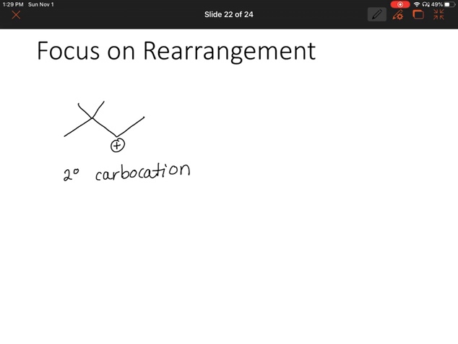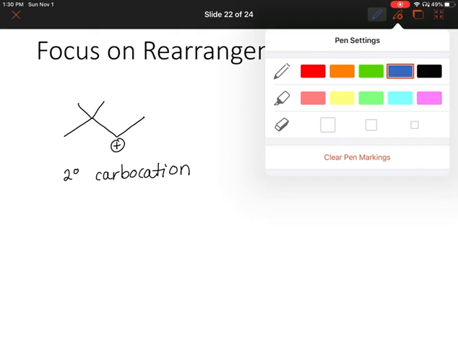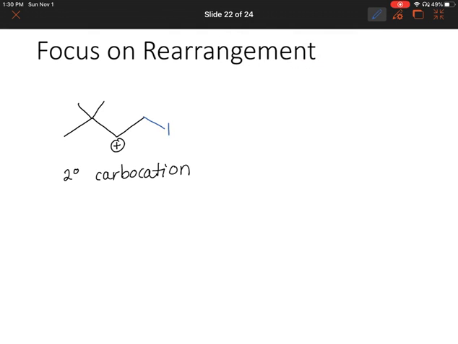Now, is there any way that we could create a more stable carbocation? So it might be tempting to move one of the hydrogens off to the right on the neighboring carbon.